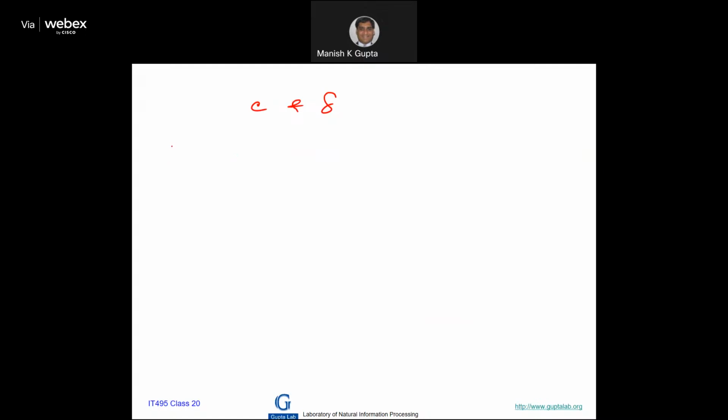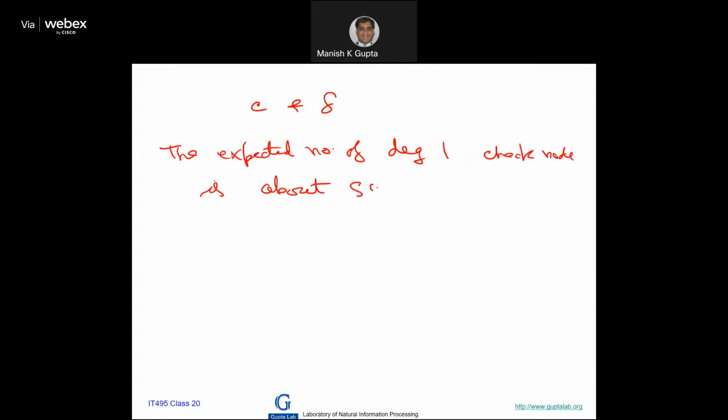So it ensures the expected number of degree 1 check nodes is about S, equivalent to c times log e base (K over delta) times root of K. I'm not giving any proof of these things, but I'm just mentioning.